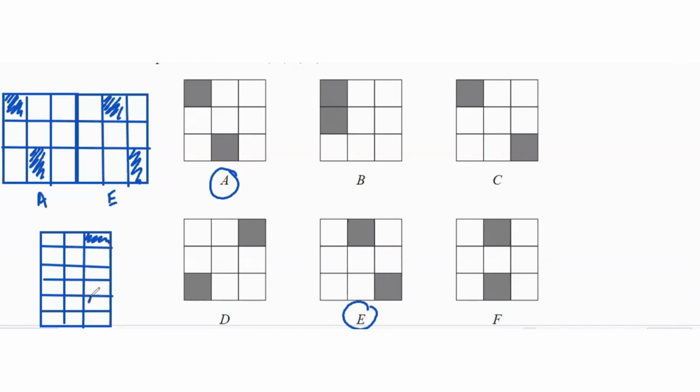This will come over here. This will be over here. And this will be here. So this is one rotation, okay? Now if we rotate it again, I'm going to make the rotation over here.